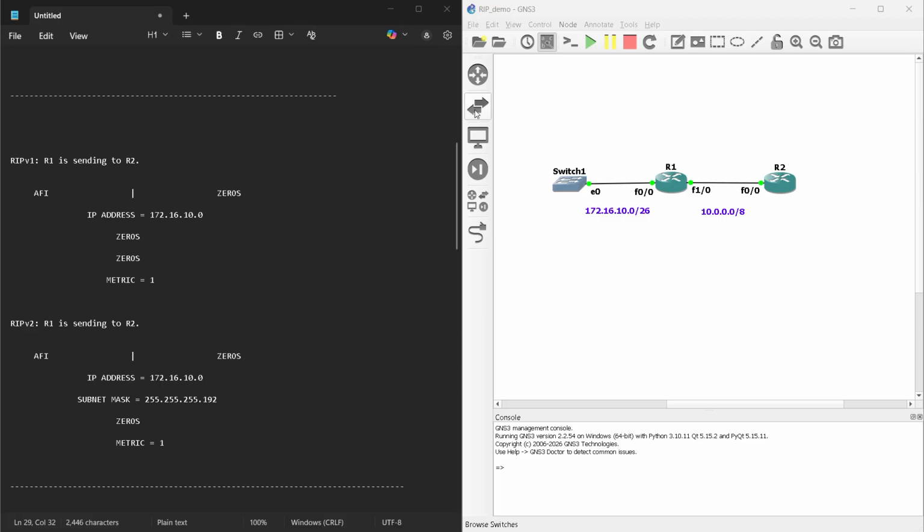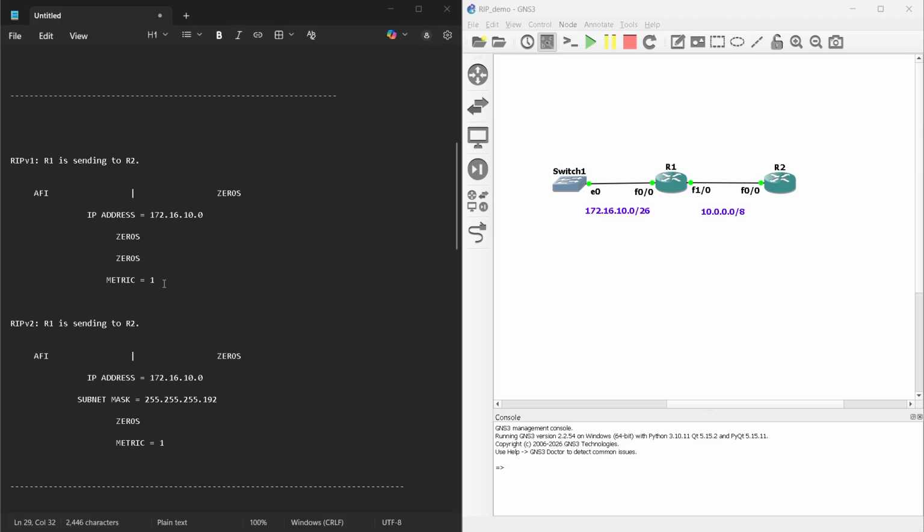Now if you look at this topology, if we apply RIP version 1, router R1 is sending the information of this network to R2. See how the route entry looks when we are using RIP version 1. R1 learned this network because it was directly connected, and now it is advertising it with this IP address and a metric of 1.